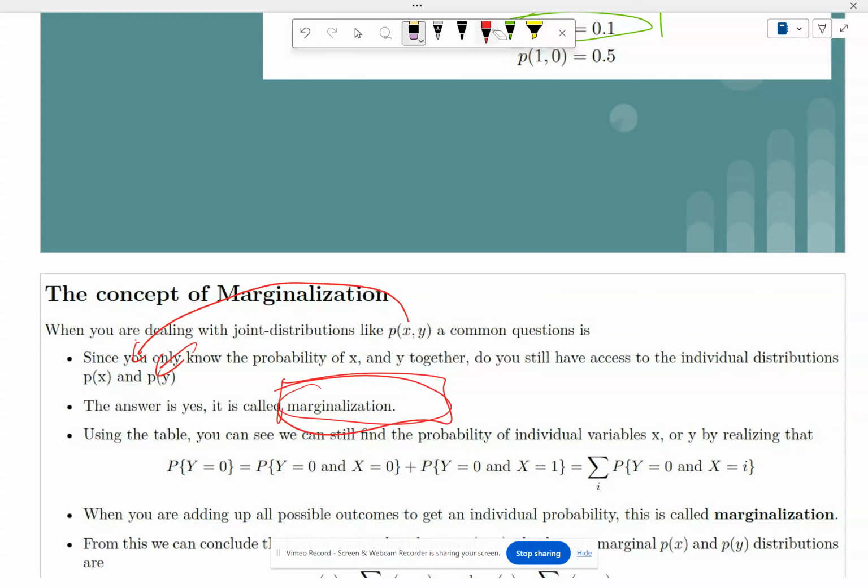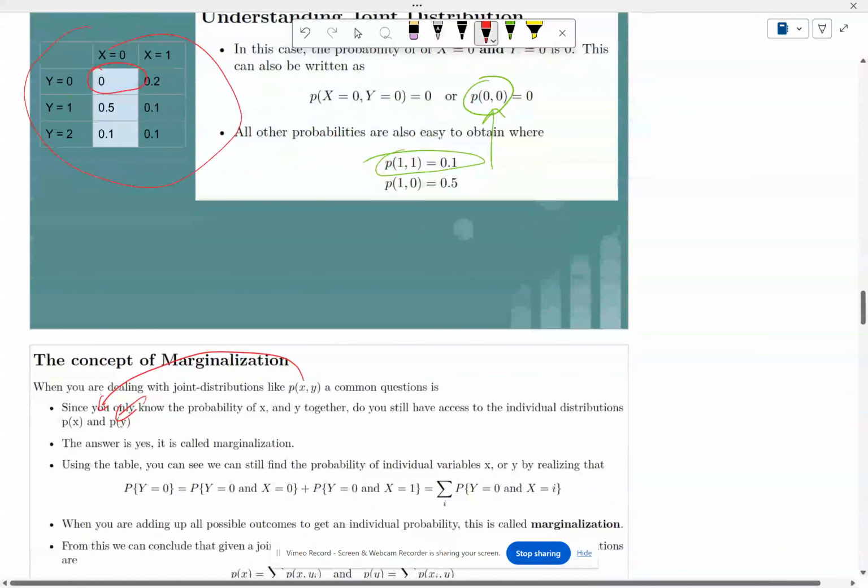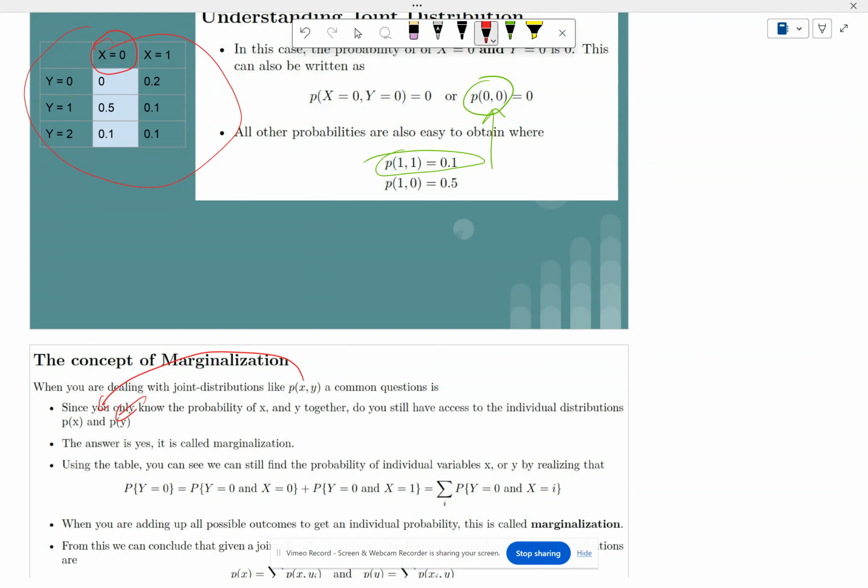Using the table, we can still find the probability of x for anything, or y. Let's take the example for y.